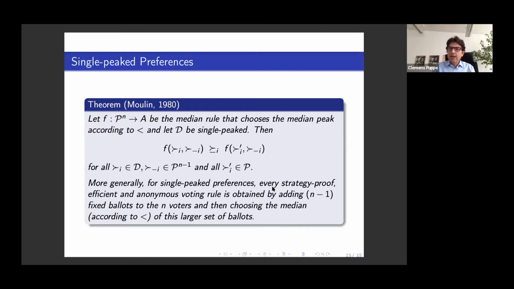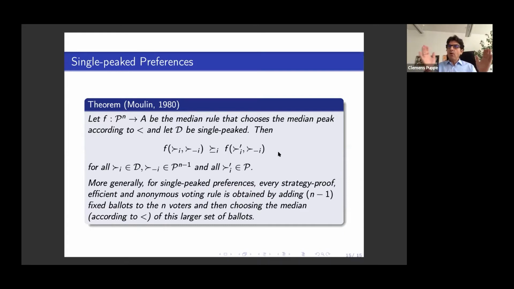Notice what you could do is you could place the phantoms either on the lowest candidate or on the highest candidate, or you can split that, half of the phantoms to the lower, half of the phantoms to the higher, and then you get the usual median rule, okay? With an odd number of individuals, if you have half of the phantom voters at the lowest possible value, half of the phantoms at the highest possible value, then you're back to the usual median rule.